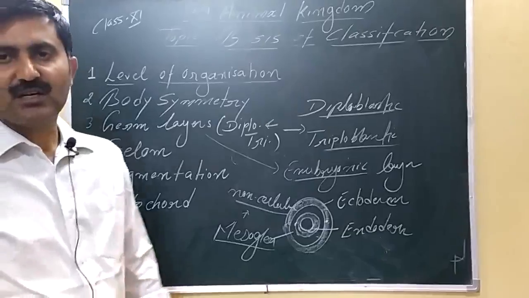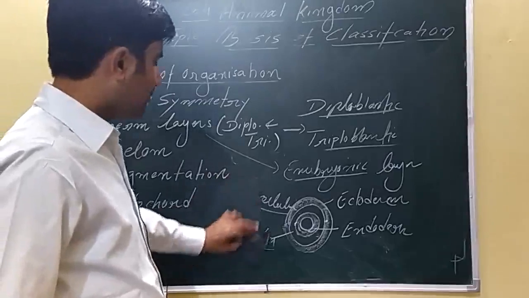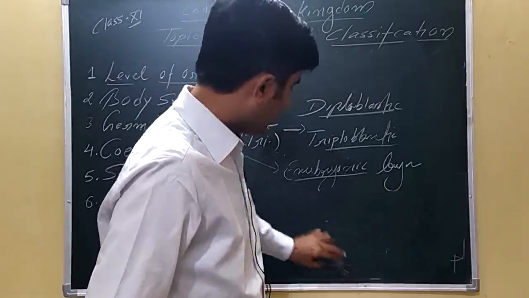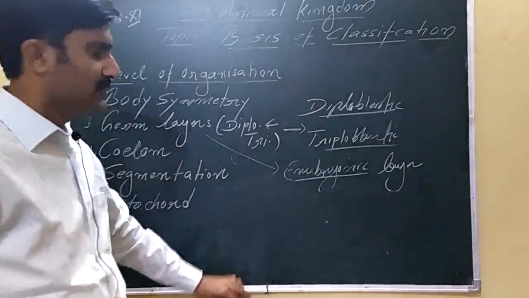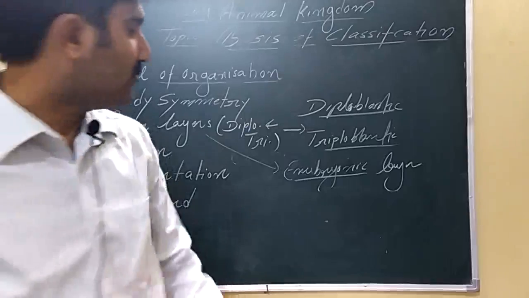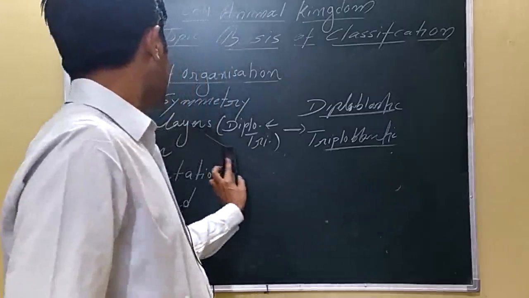This is the diagram showing the diploblastic organization. This kind of organization is present in members of coelenterates and platyhelminthes, which we generally consider as lower animals, right?